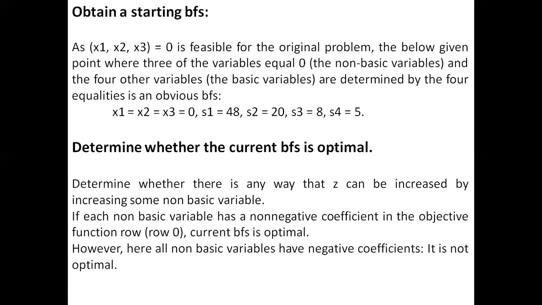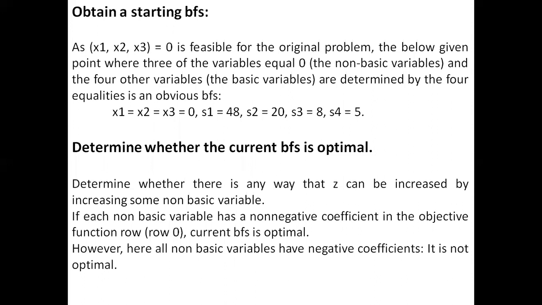So obtaining a starting basic feasible solution, considering x1, x2, x3 equal to 0, a feasible solution for the original problem. When we equate these three variables to 0, the four other variables, that is the slack variables, are determined by the four equalities in the obvious basic feasible solution.